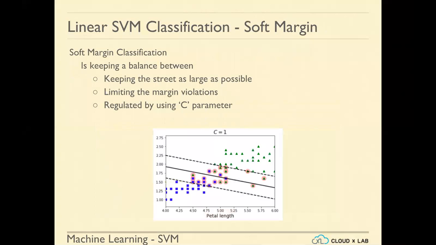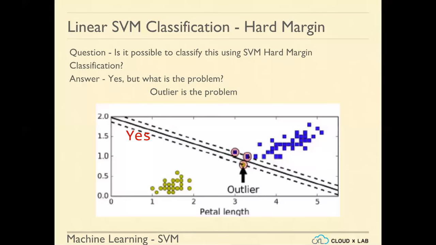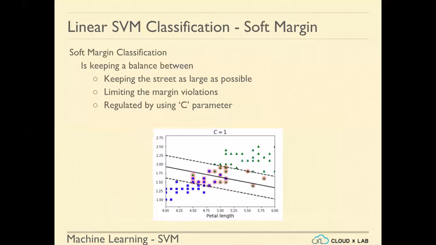Instead of mandating that all of the instances must be on the same side, the soft margin classification does a trade-off between keeping the street as large as possible and minimizing the margin violation, and that's why there is a parameter called C.